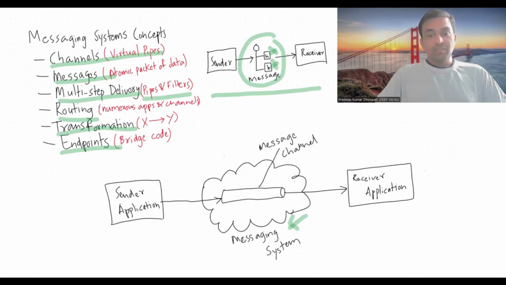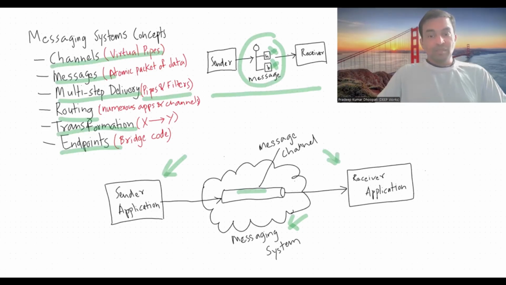But a messaging system will look like this, which will have the channels like this. And these channels will not come right out of the box when we install this messaging system. It's like I said, it's the developer's responsibility, who is trying to integrate the sender application and the receiver application, to decide what kind of data they want to transmit between these two applications, and what kind of channel it might need.